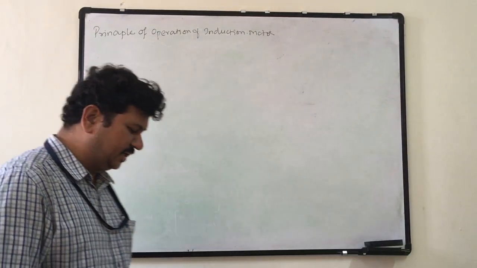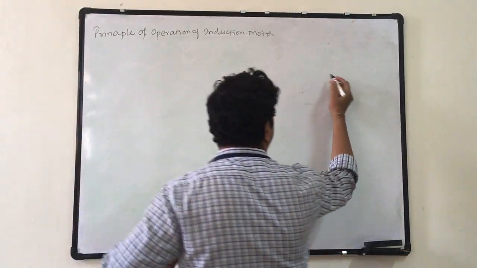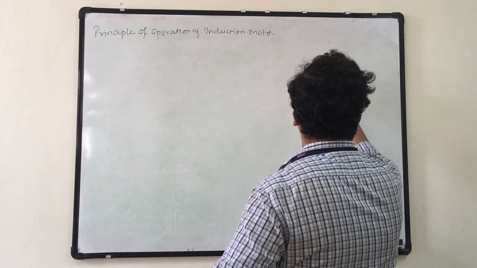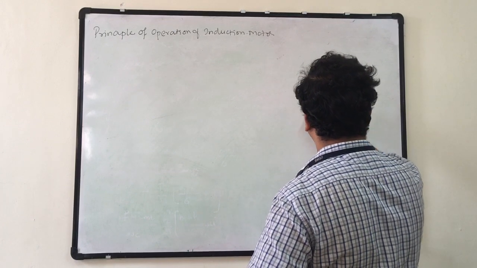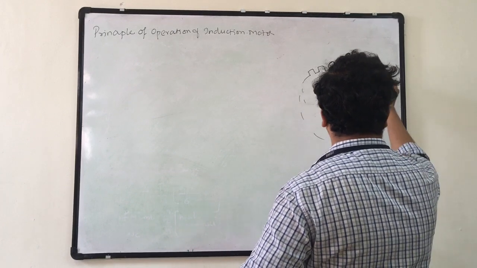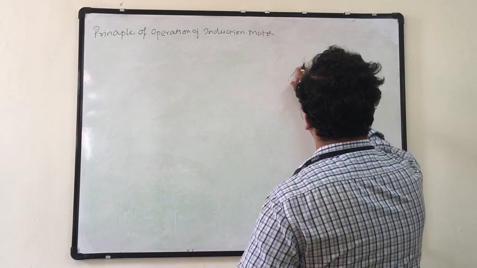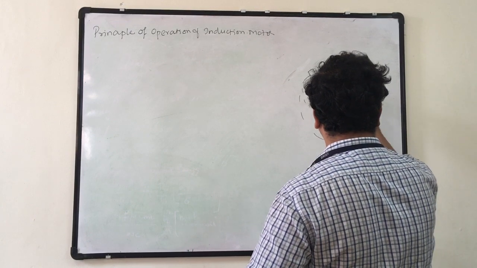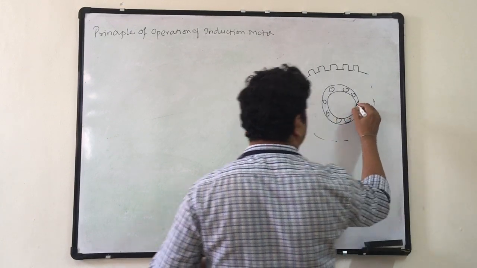Okay, so what is happening exactly there? We have an induction motor. Okay, so this is the induction motor we have, and this is the rotor. Okay.